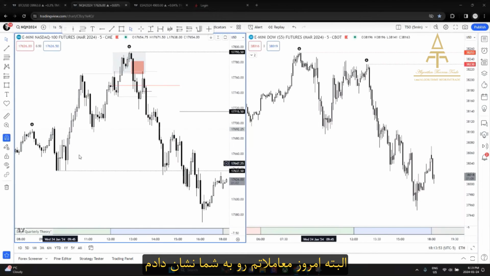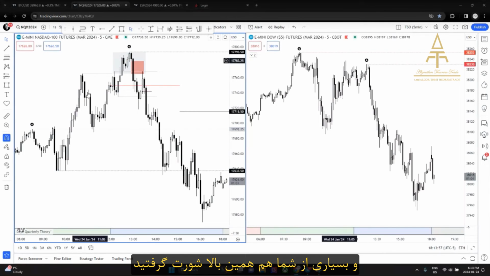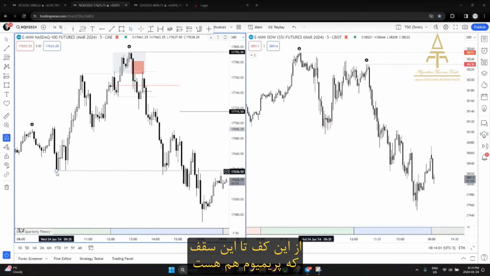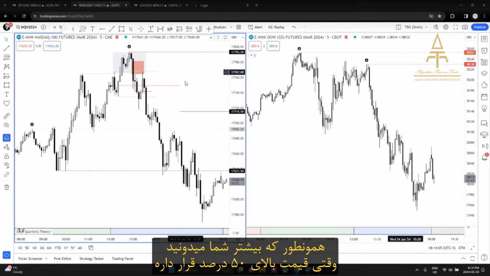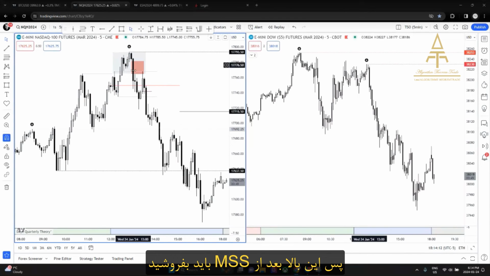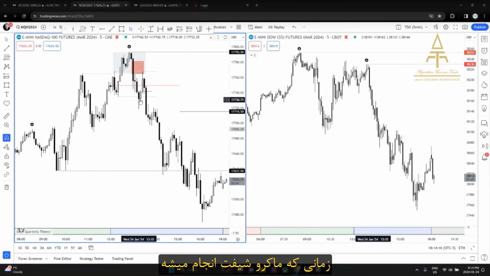I even showed you guys my execution this morning, and a lot of you guys shorted above here. Anyways, from this low to this high, this is premium. When price is above the 50%, most of you guys know this is where you want to look for sells, right? And you try to short up here after price shifted market structure or committed a macro shift.